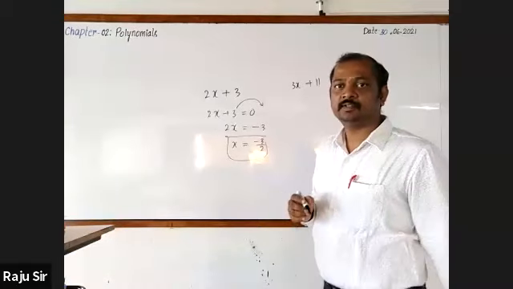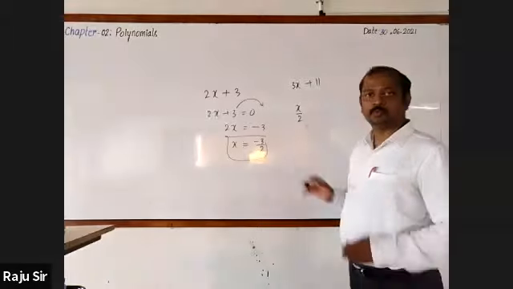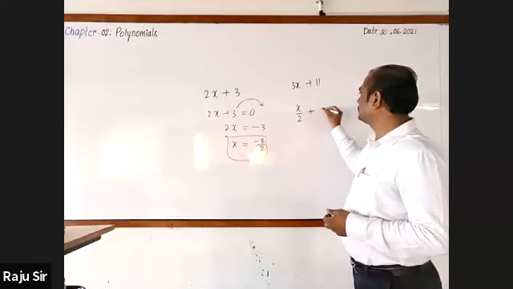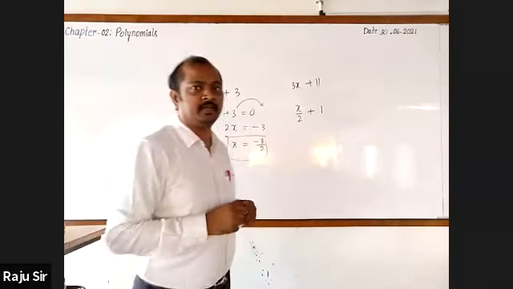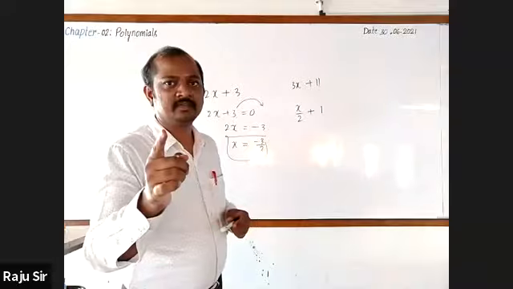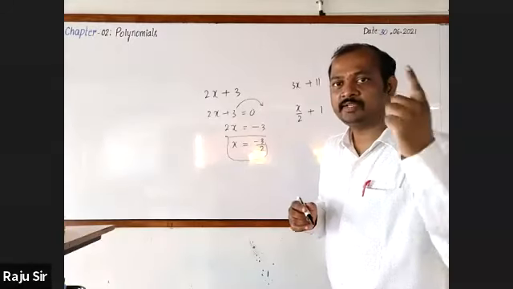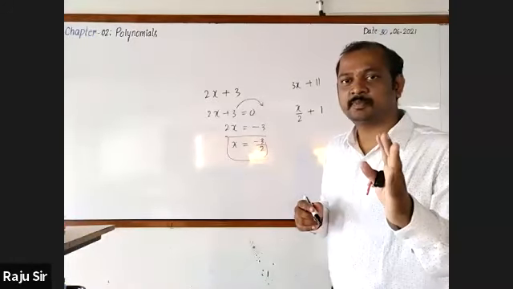Sanjana, yes, sir. x by 2 plus 1. What is the zero of this polynomial? Minus 1 by 2. Minus 2, sir. Wait, minus 2. Sanjana, mind calculation is enough.